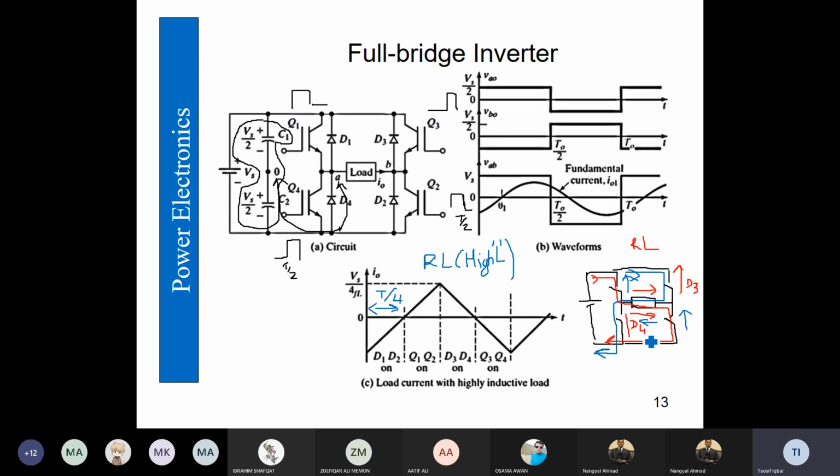And this discharge of the red current is through D3 and D4, and then we switched on Q3 and Q4 to make it charge in the other direction. So Q1 and Q2 charge it as a positive cycle, and Q3 and Q4 charge it as a negative cycle.